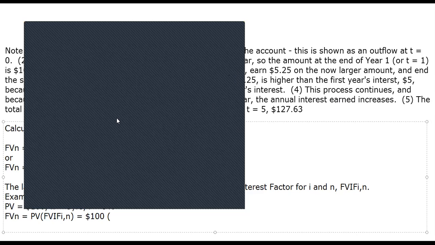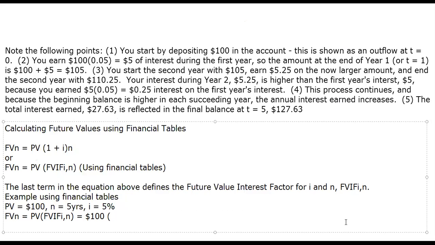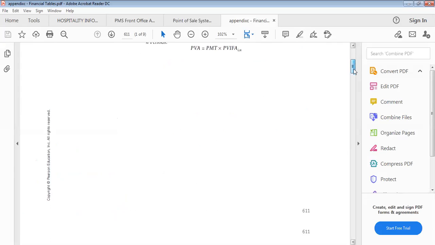All right, now this is the financial tables.